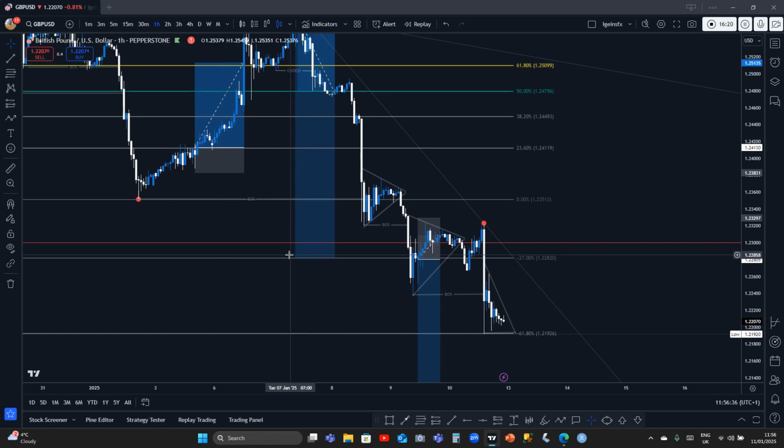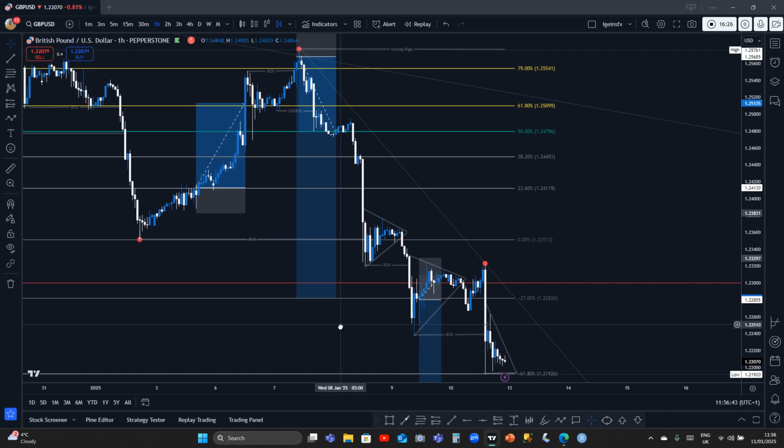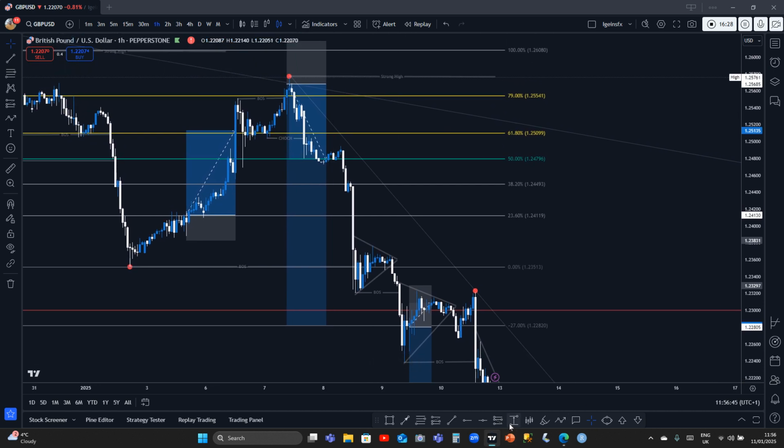The first target was hit, negative 27. Then I was okay. If you check, how many pips did we get from here to this point? 296 pips. Guys, you can see.